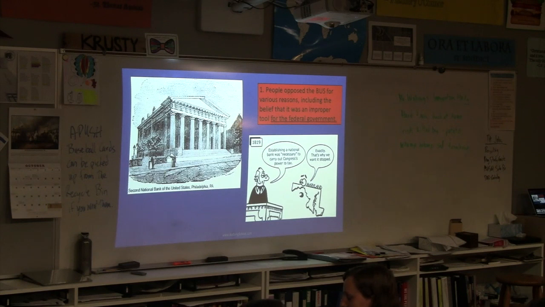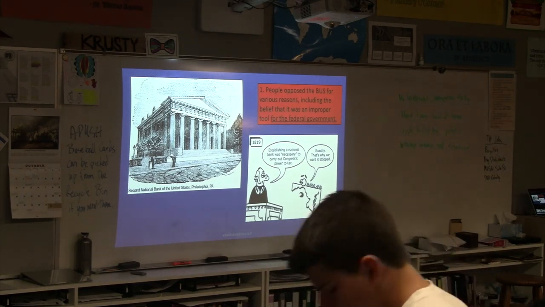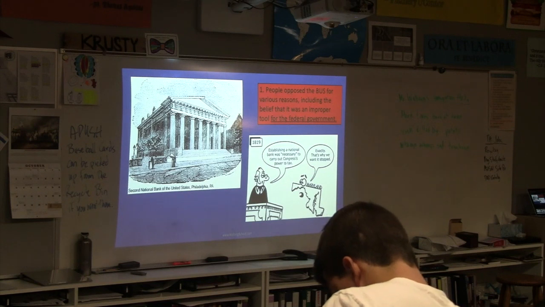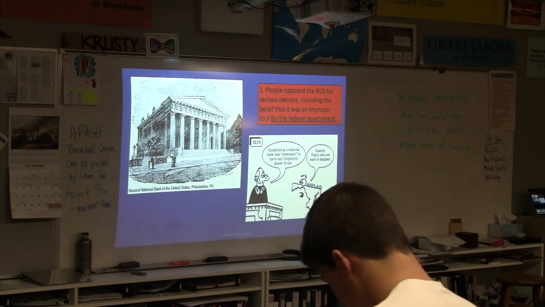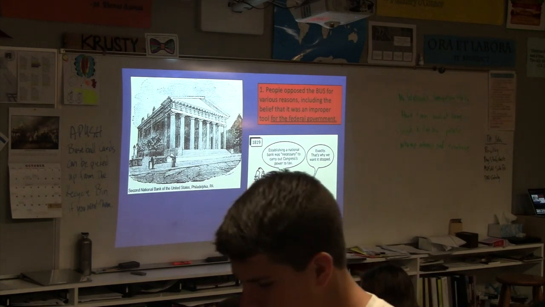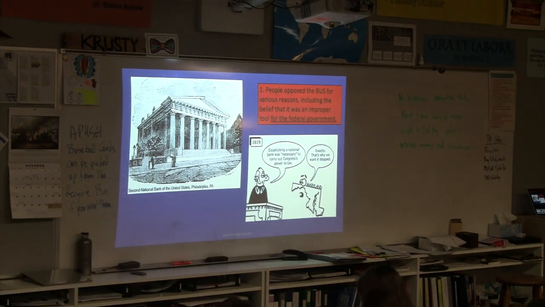Yes. So people opposed the BUS for various reasons. Now here's where it gets sticky, and I want you to pay attention to these details. The state of Maryland didn't like the Bank of the United States, the Second Bank of the U.S. The state of Maryland decided to try to push the national bank, if they can, out of existence, but certainly out of Maryland.